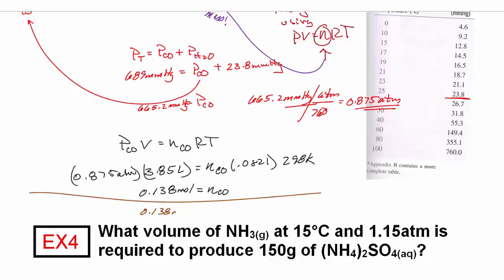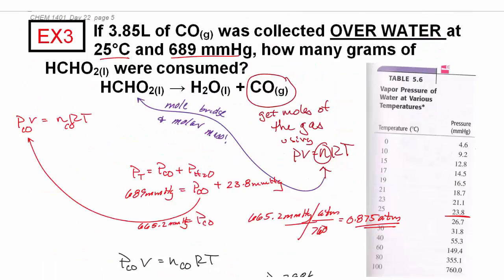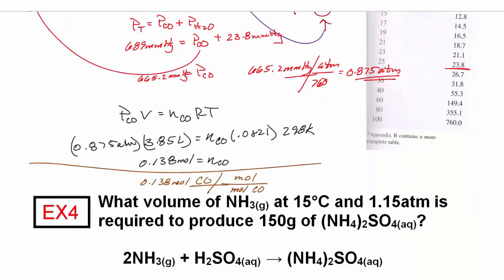0.138 moles of carbon monoxide to the moles of what I'm interested in. Now, what am I interested in? I'm interested in grams of this compound, HCHO2. So to get it into grams, I need molar mass.